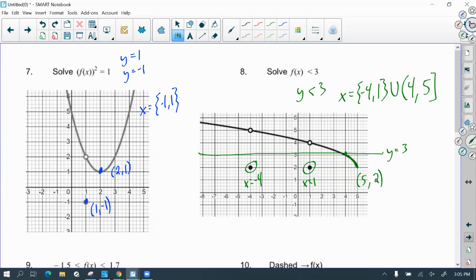And so therefore 5 is good. 5 is a solution because 5 produces the number 2, and 2 is definitely less than 3. Remember, 4 was not a solution because when x is 4, it produces exactly 3, and 3 is not less than 3. So that's why 4 is excluded, but 5 is included.